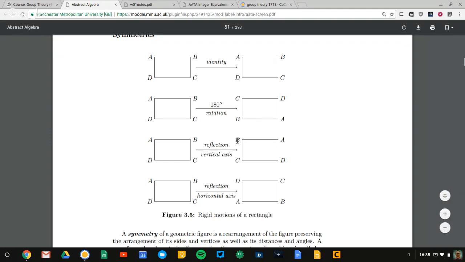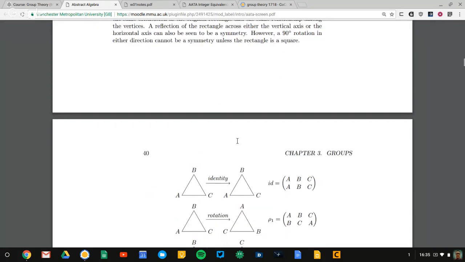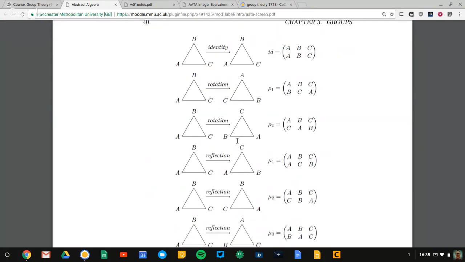Of particular importance are the regular polygons, made up from a certain number of sides, all the same length, arranged so that all internal angles are the same. So you've got the triangle, the square, the pentagon, the hexagon, the septagon, and so on.